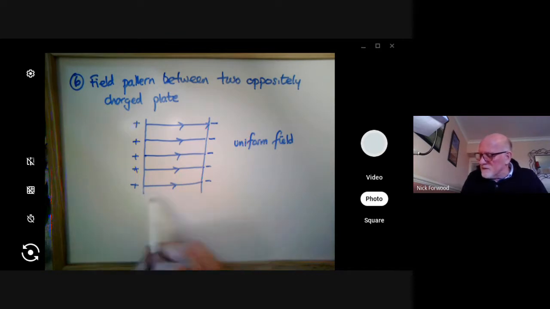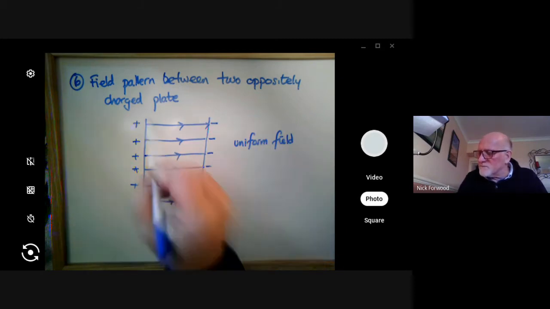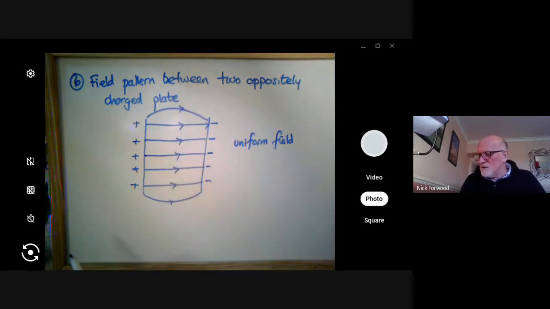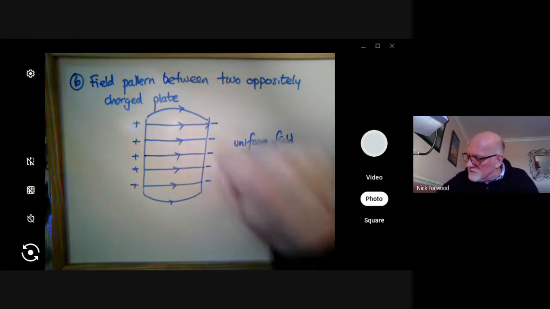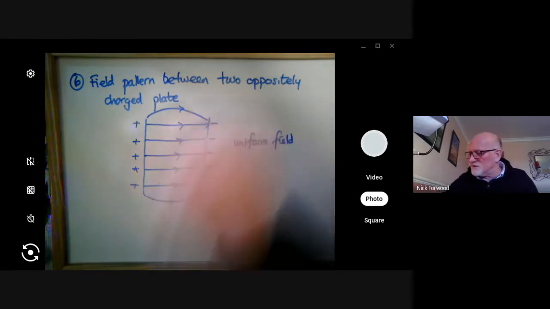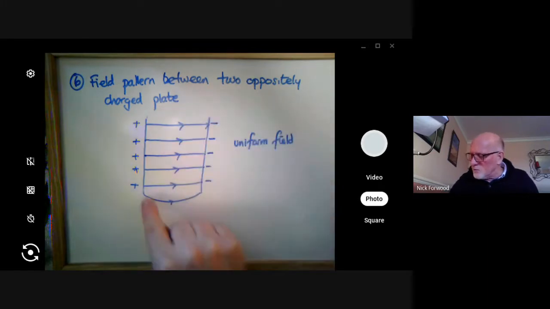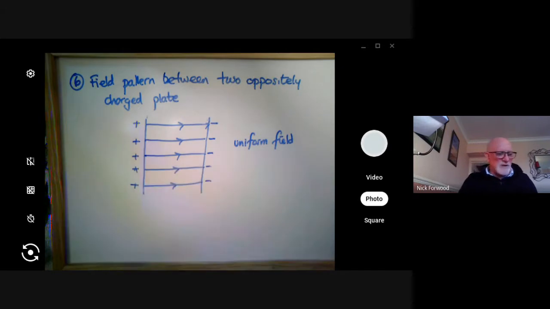When you get right to the end, the field becomes slightly curved like that. This is called an end effect, but it tells you what it is and then says you don't need to know about it. So I thought, right, I'll tell you what it is and then you can promptly forget it. You don't need to know what happens at the end of these two parallel plates.